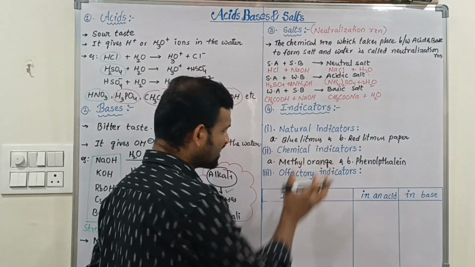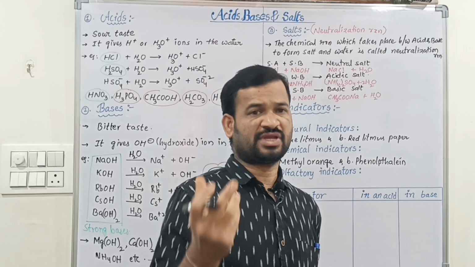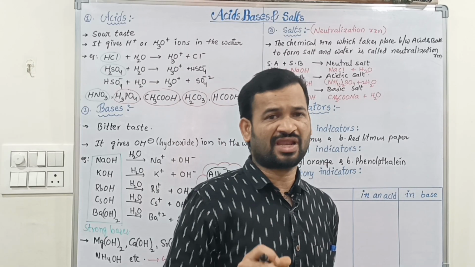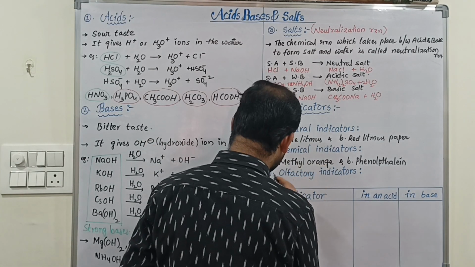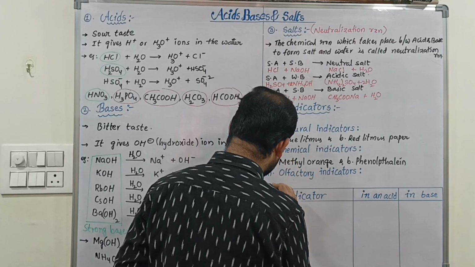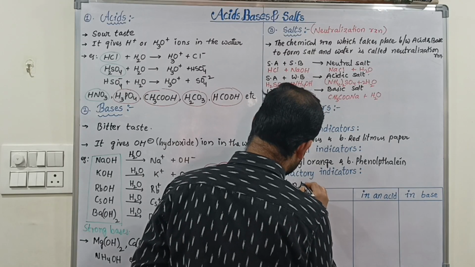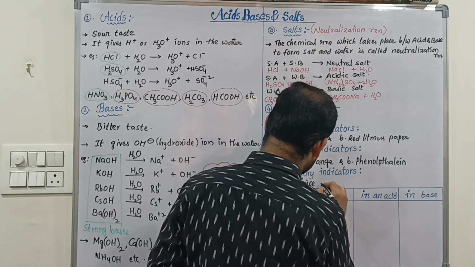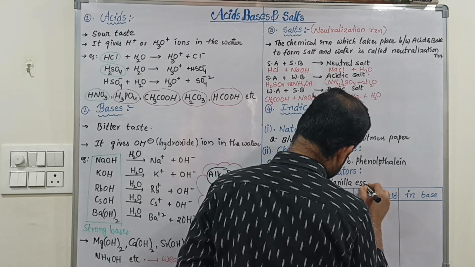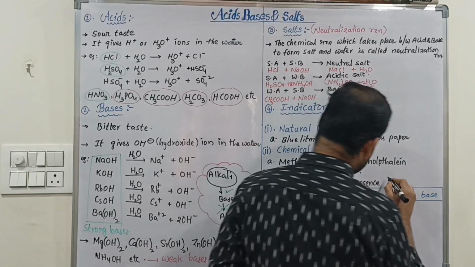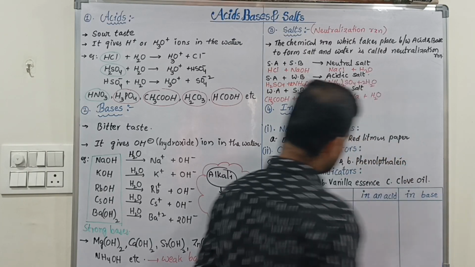Next, olfactory indicators mean they depend on the smell. Olfactory means it depends on the smell of the substance. In this lesson, the olfactory indicators given are onion juice or onion extraction, the second one vanilla essence, and the third one clove oil.